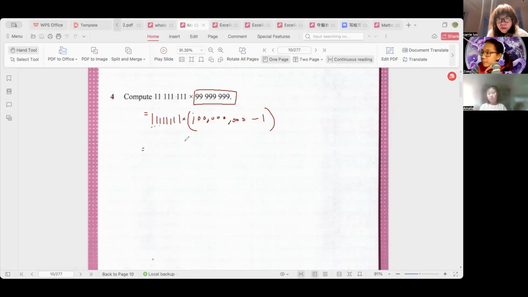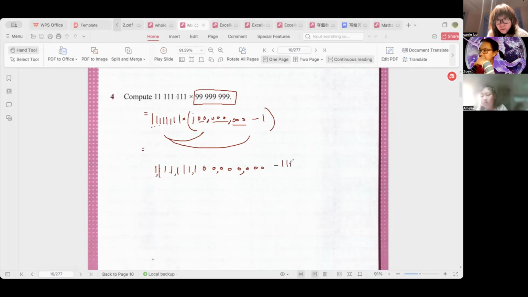Correct? Okay, so I'm going to just calculate it out. It equals 1. How many zeros? 8 zeros. So just put 8 zeros. How many ones? 8 ones and 8 zeros. Yeah, so 3, 3, 3, 3, 3.